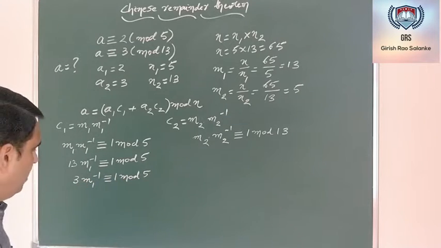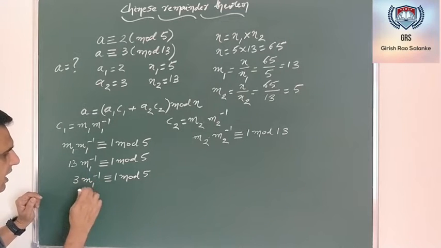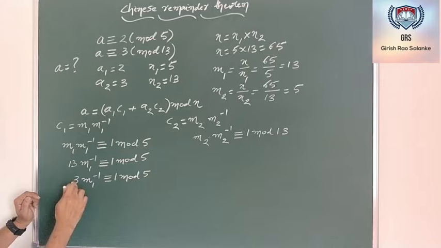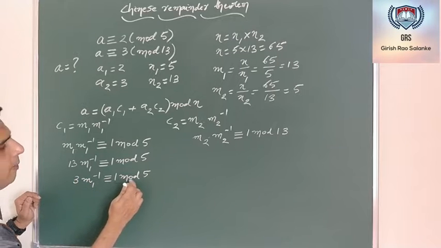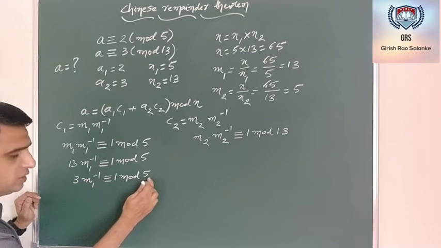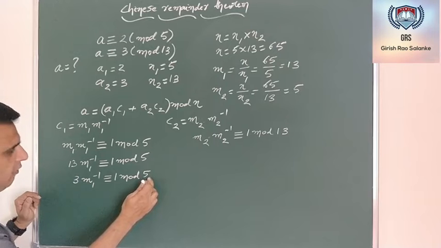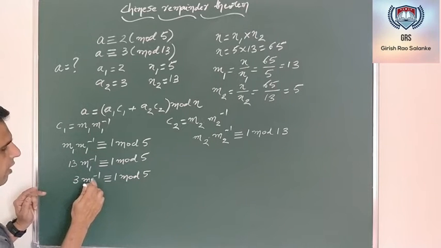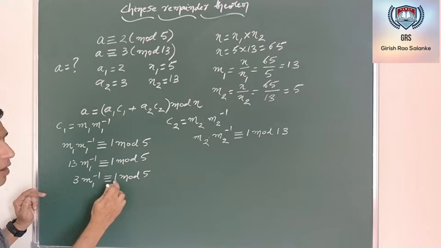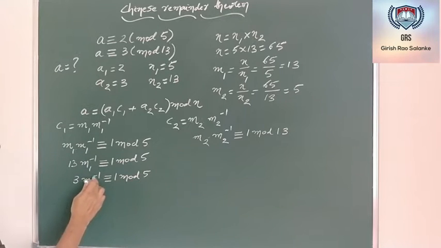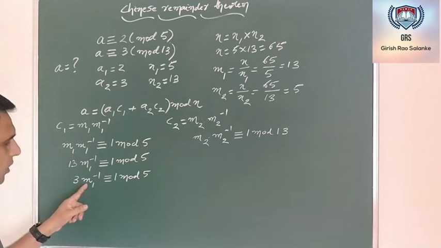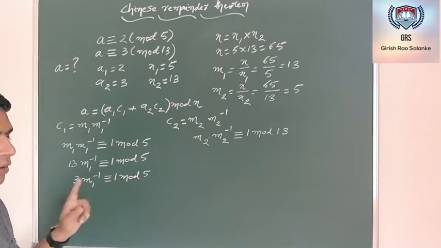I repeat once again, this M1 inverse is an integer value such that when it is multiplied with 3 and a mod operation with respect to 5 is performed, I should get 1, that is 3 into M1 inverse mod 5 as 1. Now what might be the M1 inverse value? It should be 2. That means 3 into 2 is 6, and 6 mod 5 is 1.